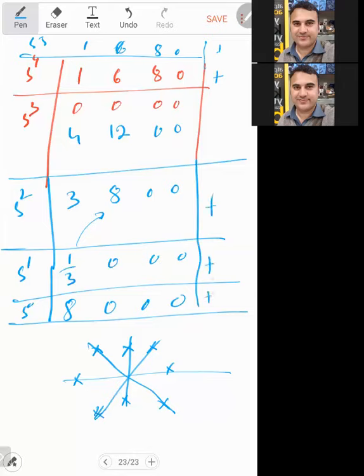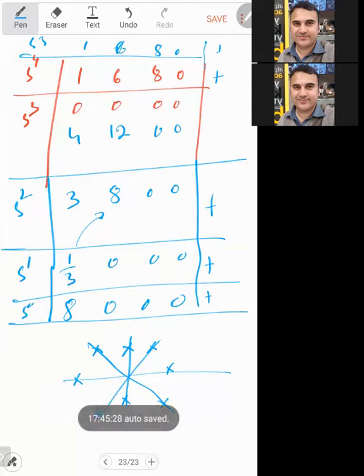So there is no sign change. This means that there is no pole in the right half plane. Why? Because there is no sign change. So we have to notice that one.